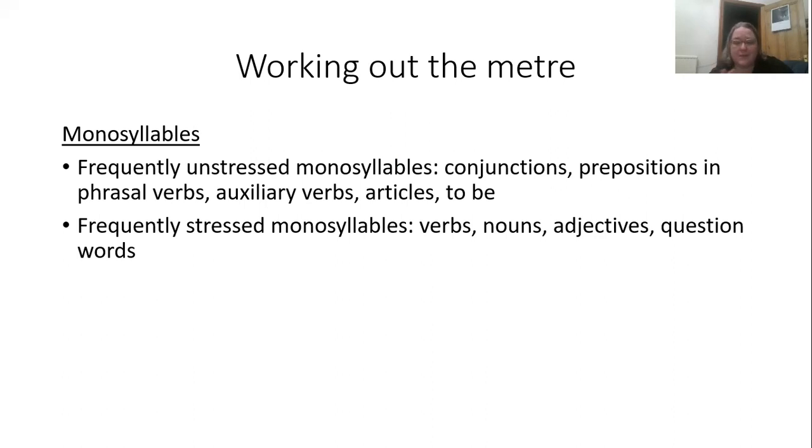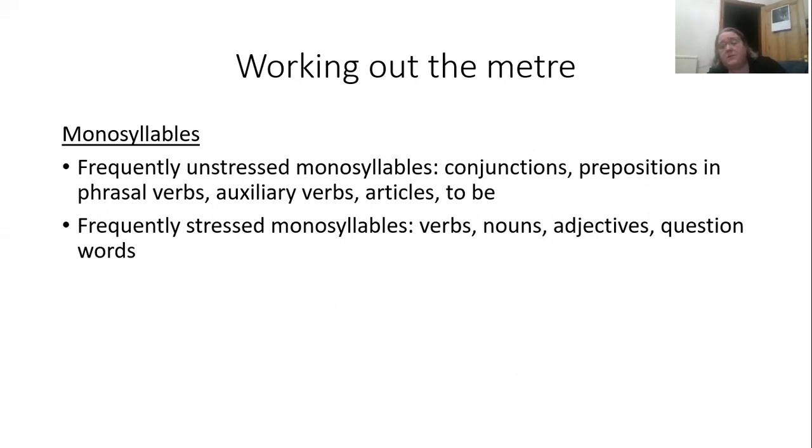The don't is more often stressed, but auxiliary verbs are much more rarely stressed than main verbs if they don't carry their own specific meaning. So if you think, for example, of I am reading, there's no extra meaning added to that am. It's simply an auxiliary verb which is telling you about the tense of the verb. Something else that's rarely stressed is an article like the and a. And often the verb more broadly to be is unstressed, although we're going to be finding an exception to that rule in the poem I Am.